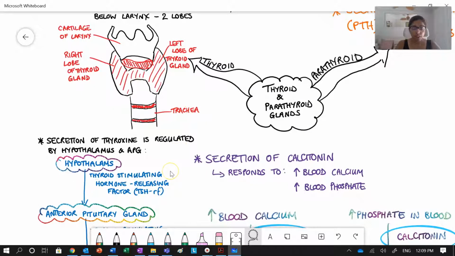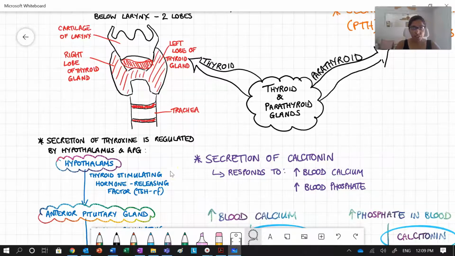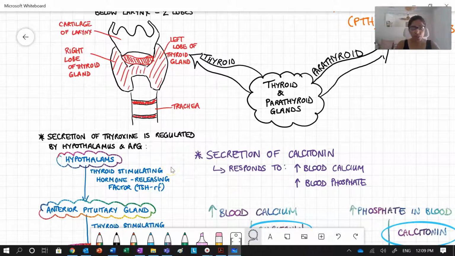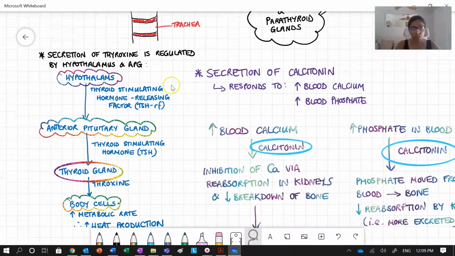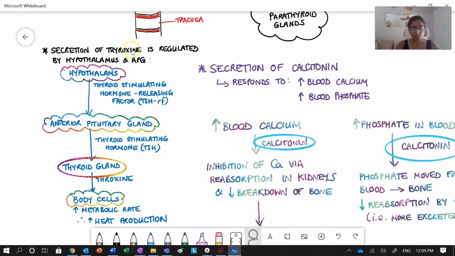So the thyroid gland secretes two hormones, thyroxine and calcitonin. The first one we're going to be looking at is thyroxine and how that is secreted from the thyroid gland and how it's regulated. So thinking back to what we know about the hypothalamus and the pituitary, we know that the hypothalamus secretes releasing factors.